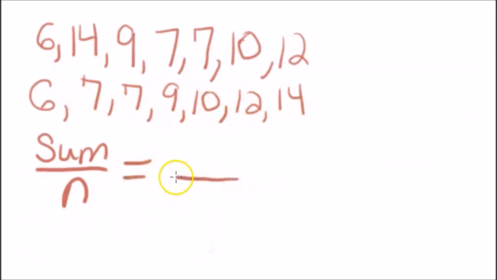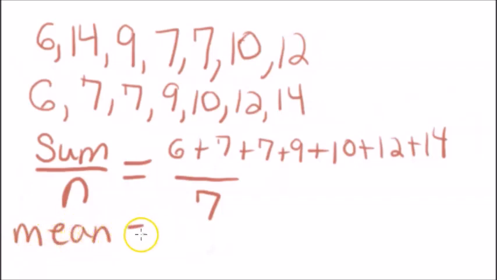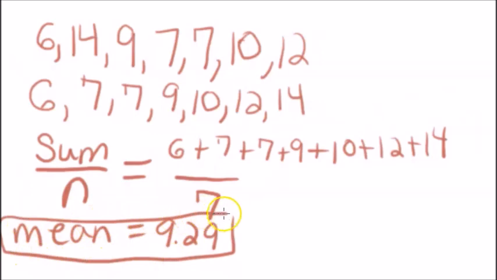Okay, so 7 goes in the denominator, and then we add everything, all the numbers in the data set. Okay, and then now the mean is going to equal 9.29 for this data set.